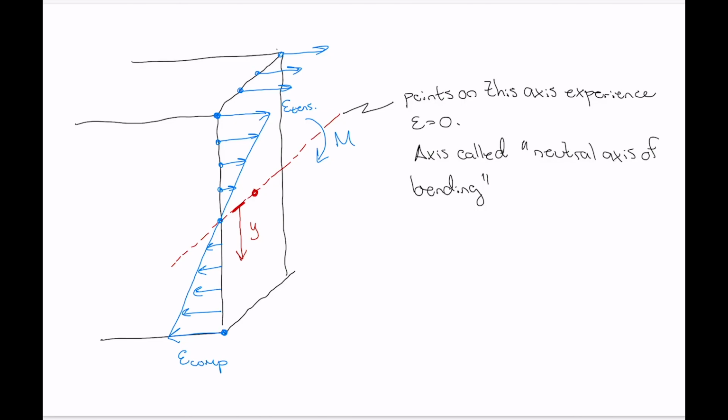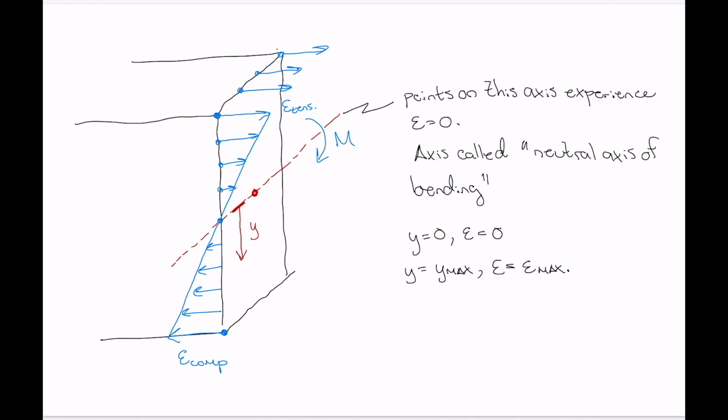Then when y is equal to 0, we know that our strain is equal to 0. And when y is equal to the maximum value of y, so that's the farthest we can go away from the neutral axis of bending within the cross-section, then our strain is going to be the maximum value of strain.